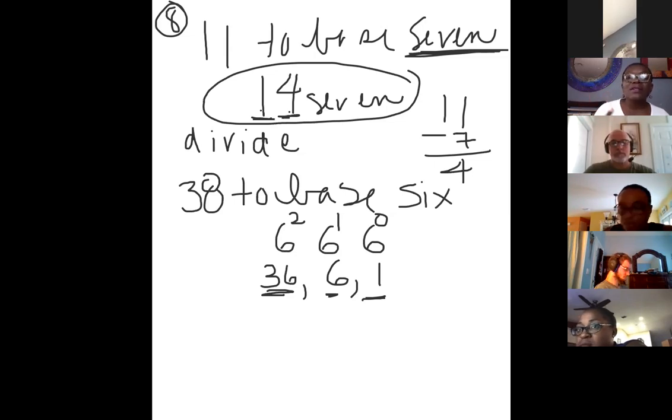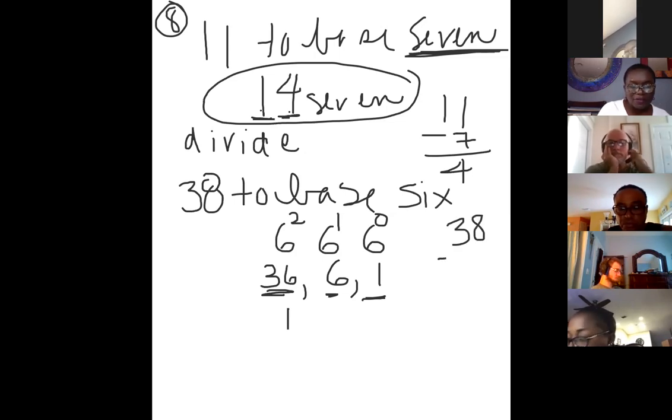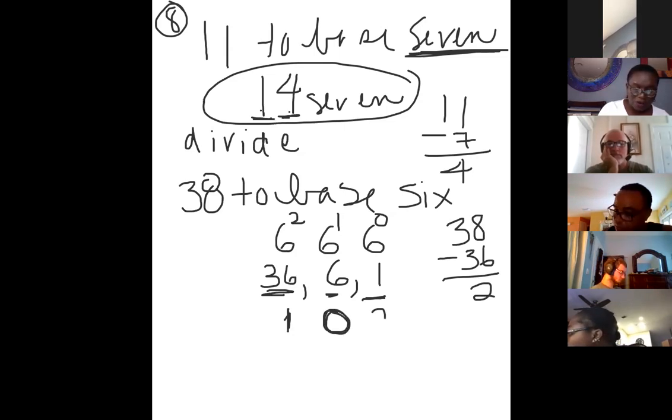So to create the number 38, we start off with the largest digit, which is the 36. We know we're going to need a 36. So if you have 38, you subtract 36 from it, that leaves you with 2. So to create the number 38, we need 1 thirty-six. We do not need a 6, but we need 2 ones.